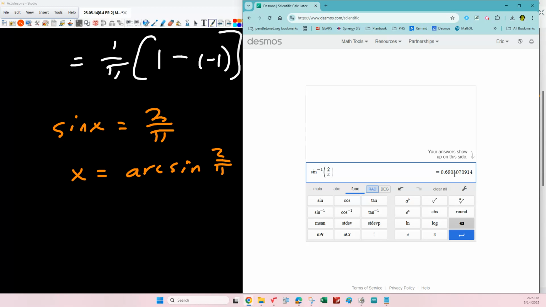What is that? Who knows? That's just some angle in radians. Rounded to 2 places, it's 0.69 radians, right? If that's one solution, what's the other one going to be? Pi minus that. Yeah. Okay.